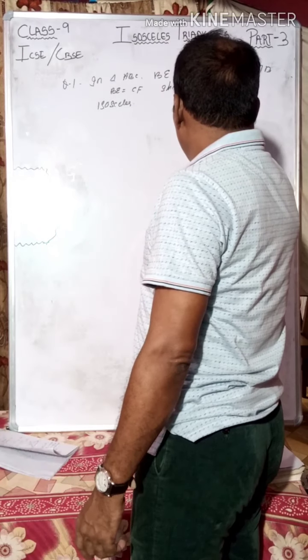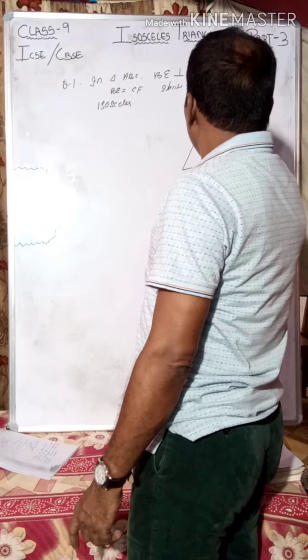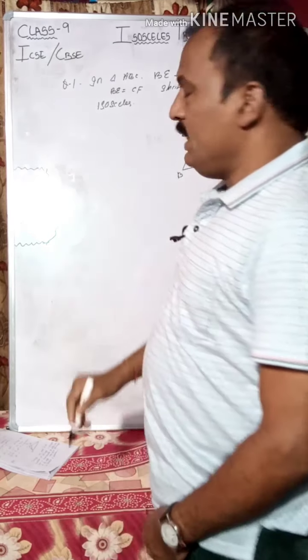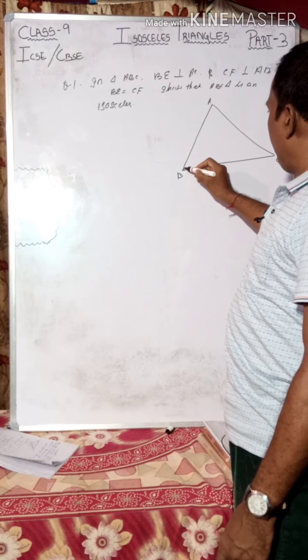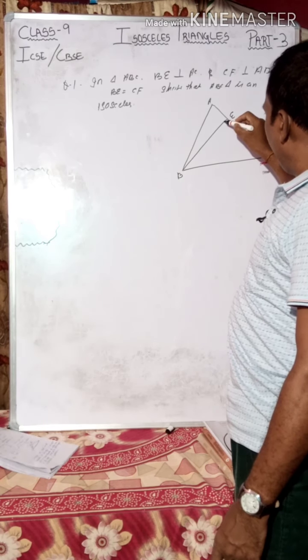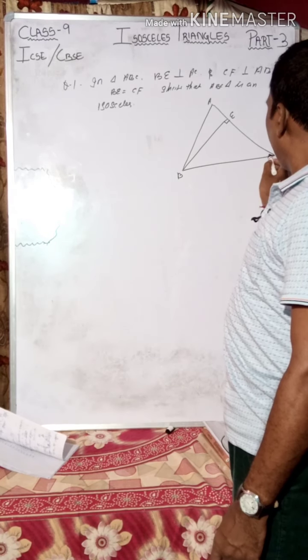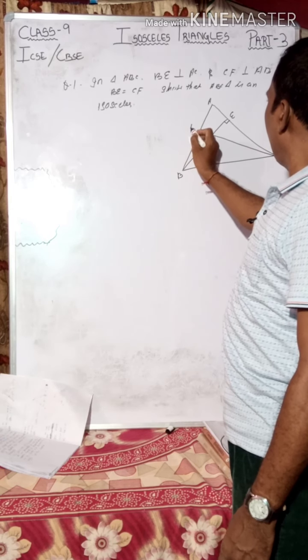First draw a triangle. Here A, B, C is a triangle, and BE is perpendicular to AC, and CF is perpendicular to AB.